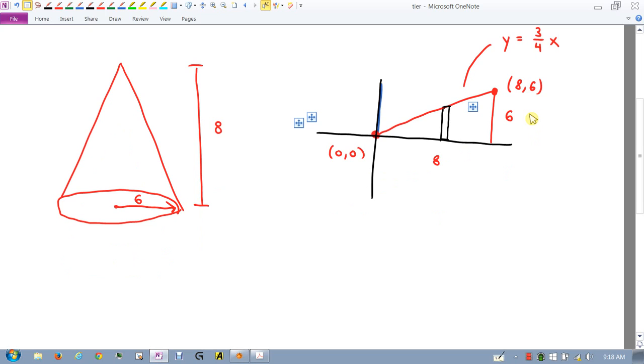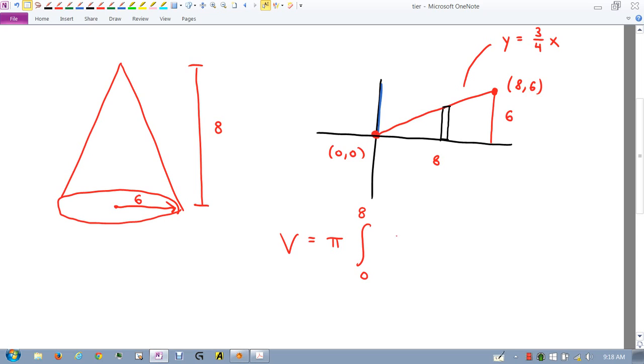Any questions? I don't want to finish this problem out. I'm just going to write the formula for what it would be. The volume of this would be pi integral, where would we go from? 0 to 8, right? And then the top function squared. So what's our top function? 3/4 x.